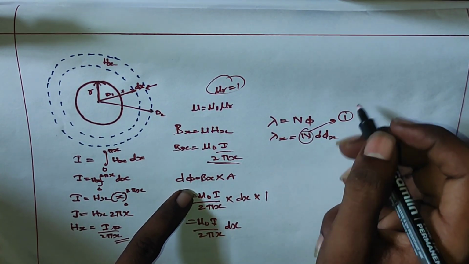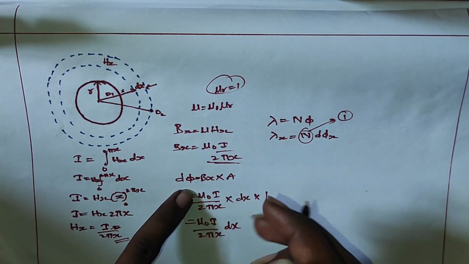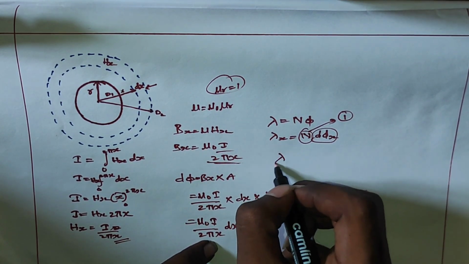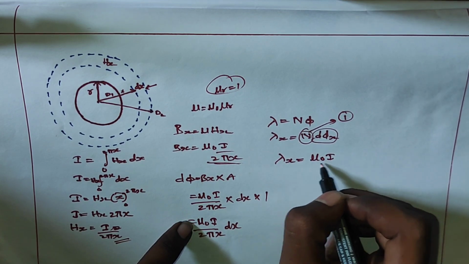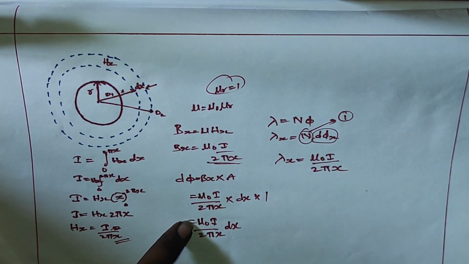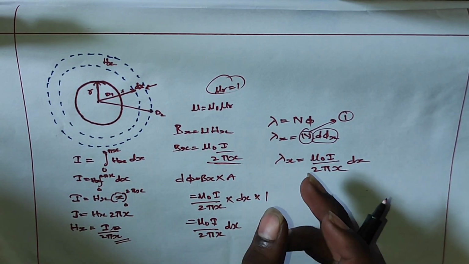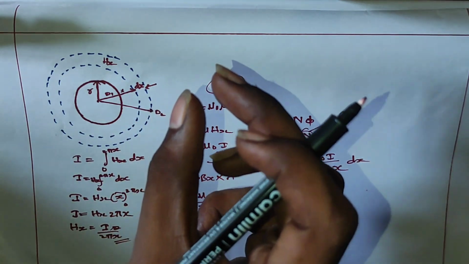Because we are considering only one conductor, so keep 1 over the n and substitute this dx value over here. Therefore lambda x equals mu naught I by 2 pi x and dx. This is the flux linkage that is going to happen over that particular portion we have considered.